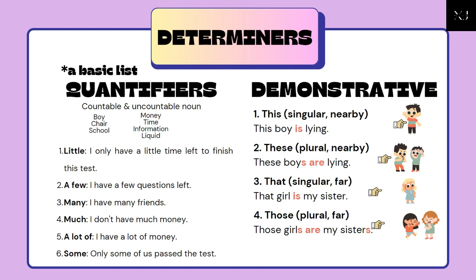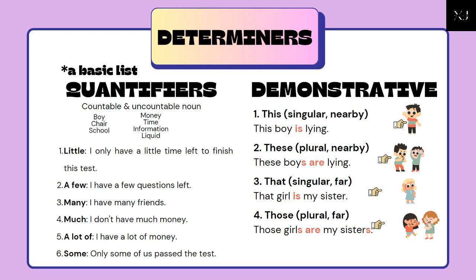Yes, you may be thinking, hey, how can we not count time and money? Funny thing about money and time, right? For some reason, there are things that we cannot count, although we can count 1 ringgit, $1, all those things. The same goes for time, although we can count 5 minutes, 10 minutes. It's considered an uncountable noun. Of course, you have information and liquid, you can't count these either.